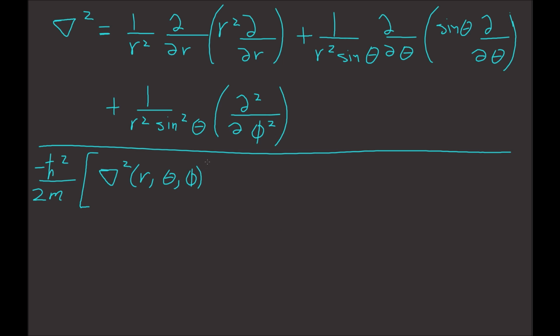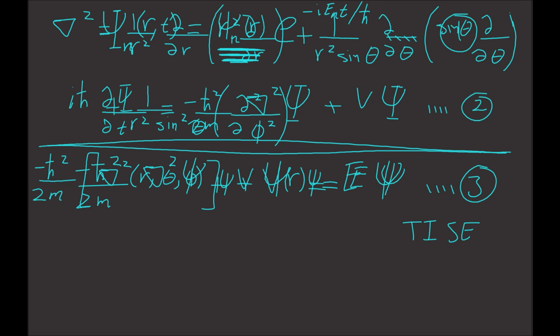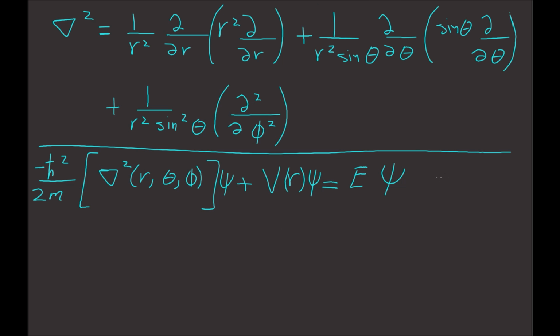Plus our potential function. Now our potential function is only a function of r. Before it was a function of x, y, and z. So, plus the potential function, equals E times psi. Of course, there's psi here and psi here, I forgot these. Let's call this equation number 4.